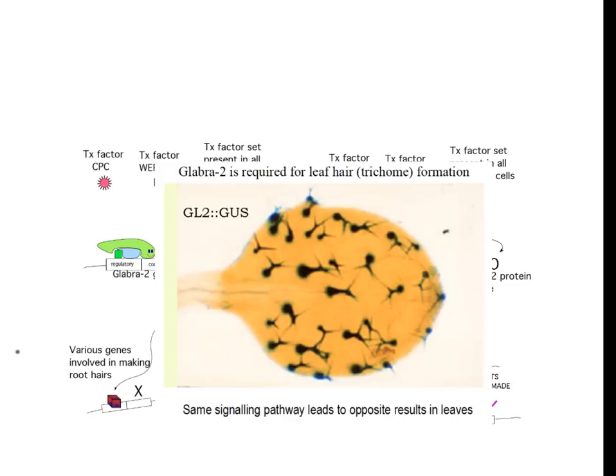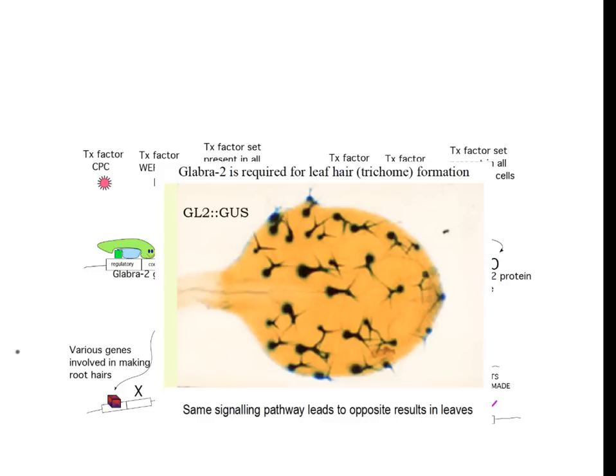When glabra is missing, you get leaves lacking hairs. Exactly the opposite phenotype. Once again, glabra is involved in whether or not hairs form, but in this case, it does so in the opposite way.